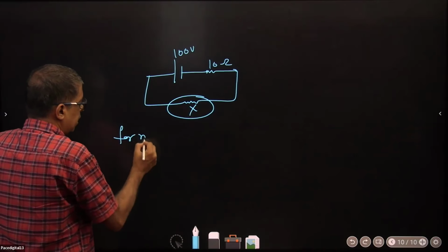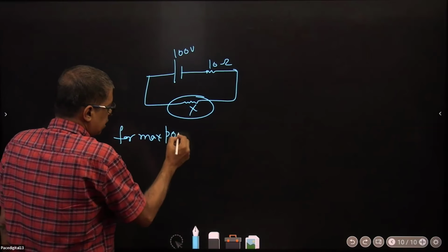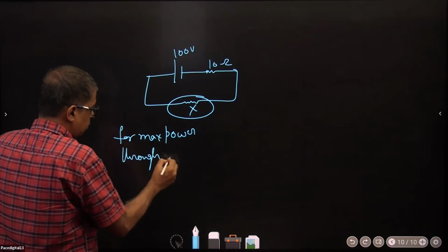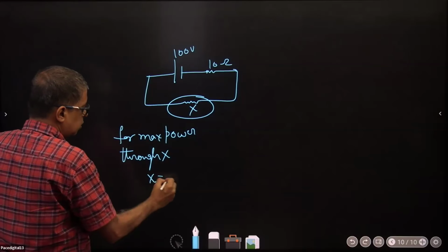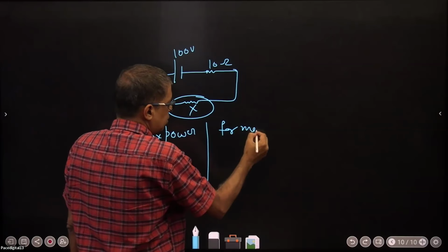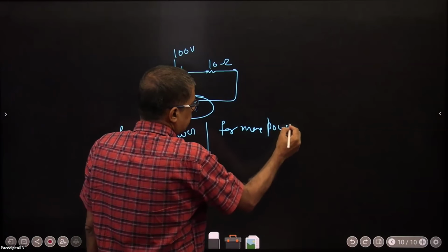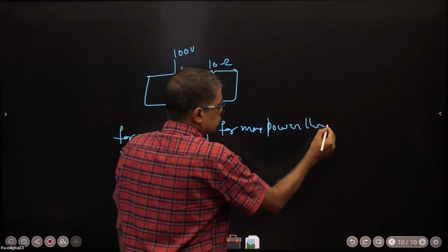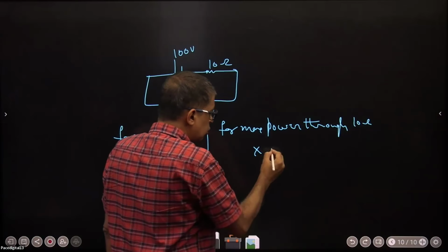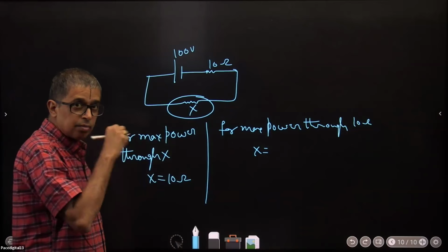For maximum power through X, X should be 10 ohms. For maximum power through 10 ohms, X should be how much? 0.